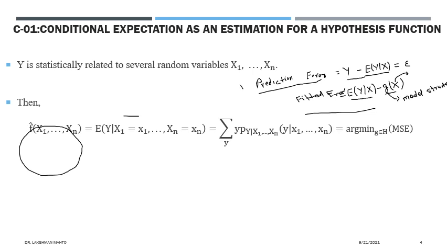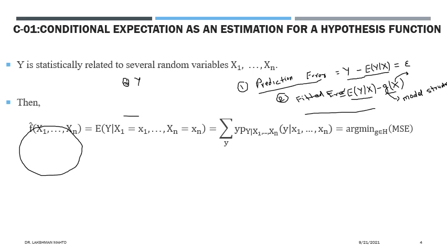So this one is the second kind of error, the fitted error. The first level of error is prediction error, the second level is fitted error, and a third level of error would come. What is the third level of error? Indirectly, this function g is giving the estimated value or fitted value of y. Definitely g is not an estimate of y; g is an estimate of the conditional expectation, but the conditional expectation is an estimate of y through the least square estimation process.